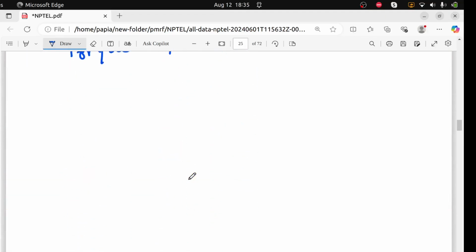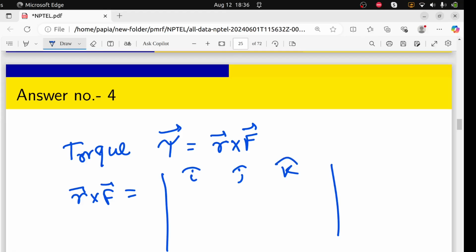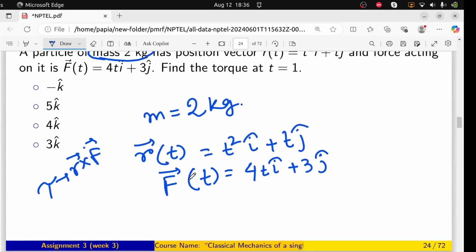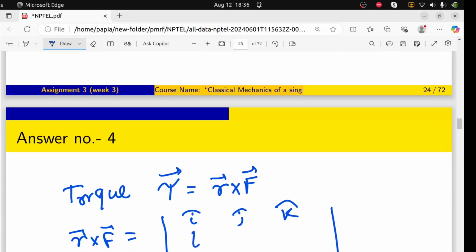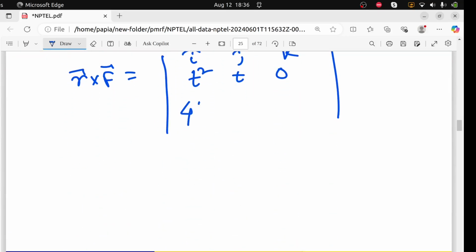So for that, r vector is given, F vector is given. So we will just simply do the cross product. The i component is 0, the j component will also be 0.